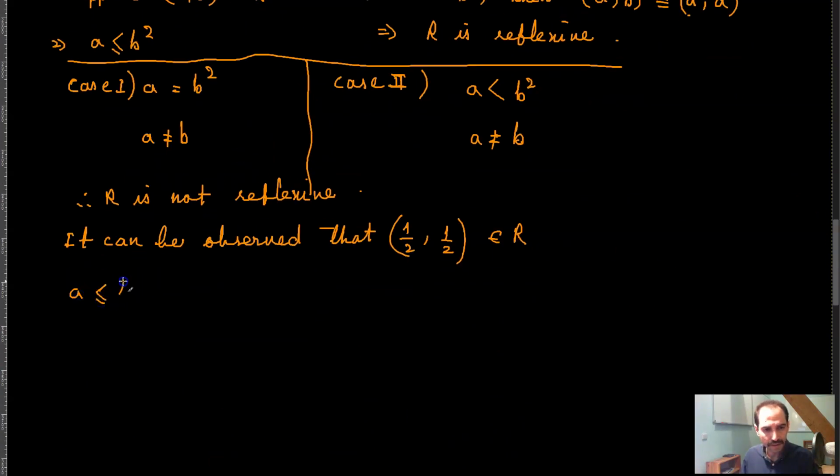A is less than or equal to B squared, meaning that this ordered pair has to satisfy this inequality.